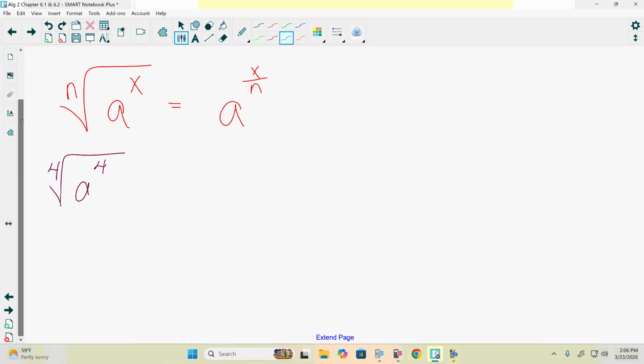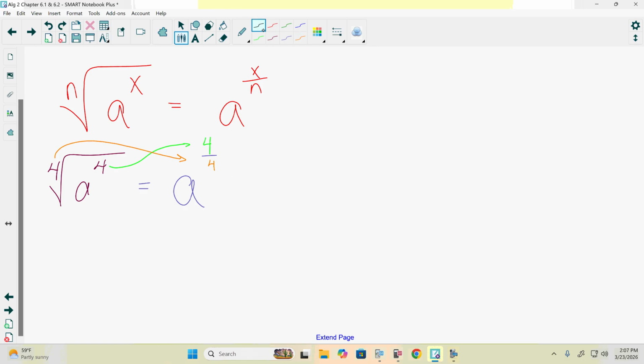Now, by this definition, this works with all radicals. That's telling us this is the same as a to an exponent. The exponent attached to a goes on top. The index, what root we're taking, goes on bottom.